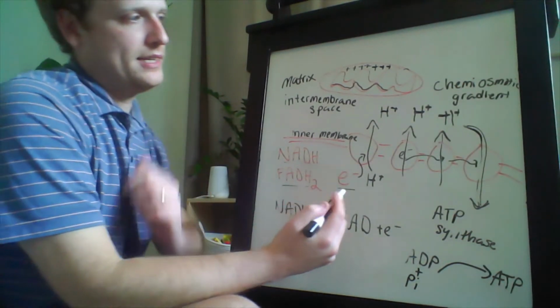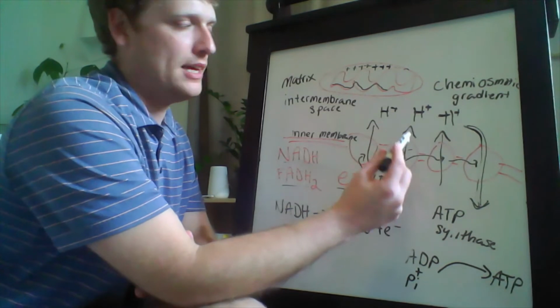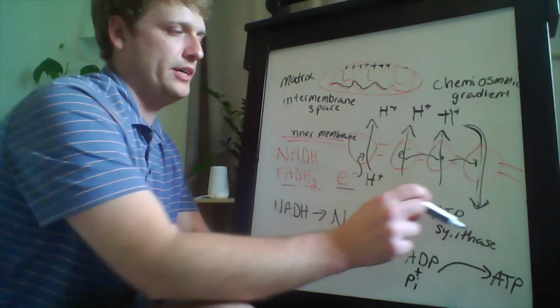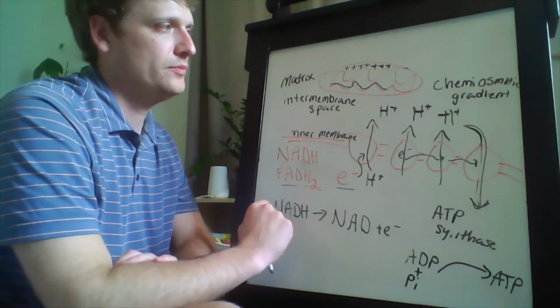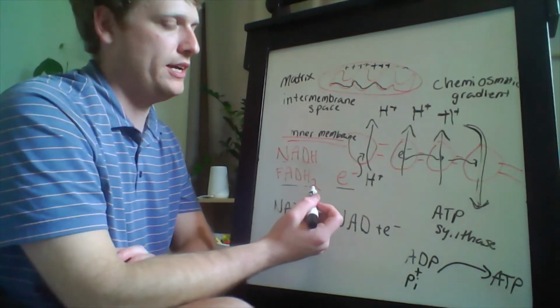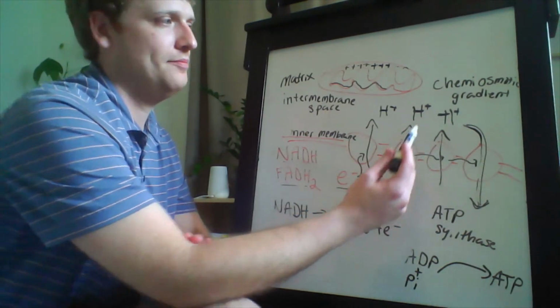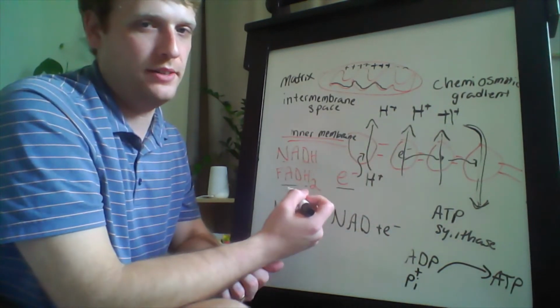So through the process of what's called chemiosmosis, that's just where these ions are moving through this ATP synthase. You've built up this concentration gradient, hydrogen moves through it. That chemiosmotic gradient basically is potential energy.